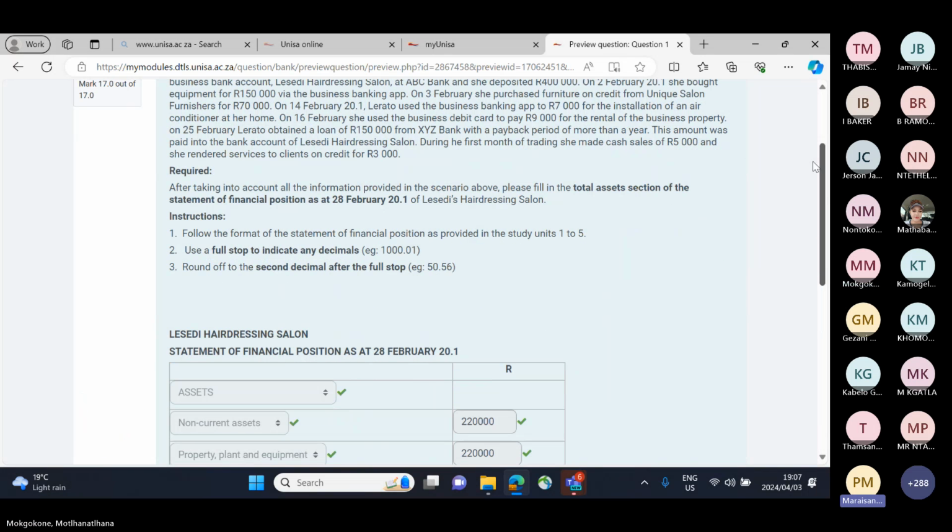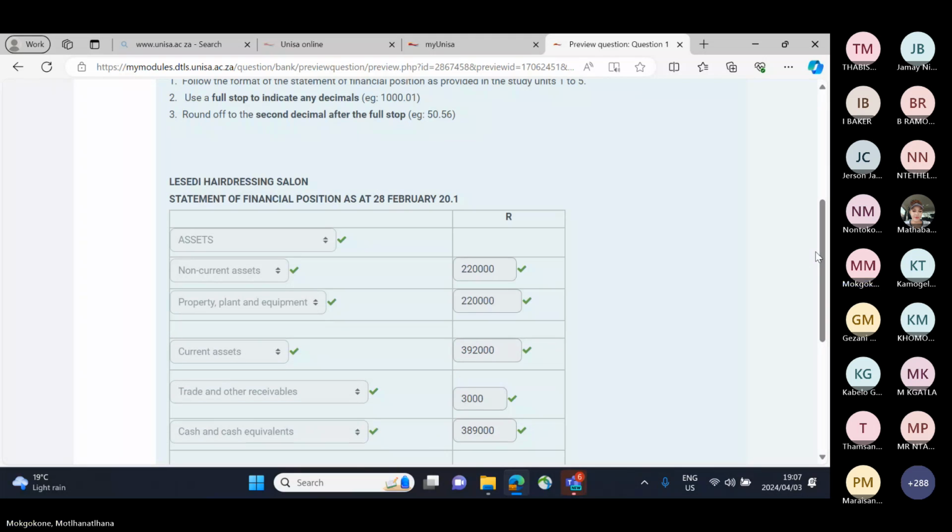I'm answering now. Yeah, this is not a difficult question, because if you go to our slides for assessment, for our first class, it was study unit 1 to 4, where we told you what is an asset. We told you an asset is a resource controlled by the entity as a result of past events from which future economic benefits are expected to flow to the entity.